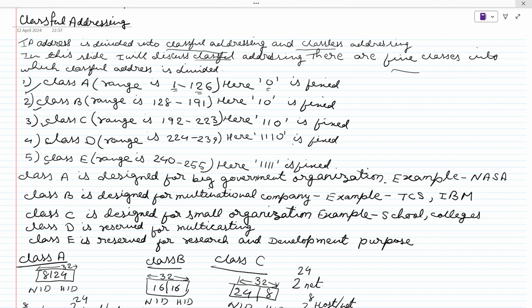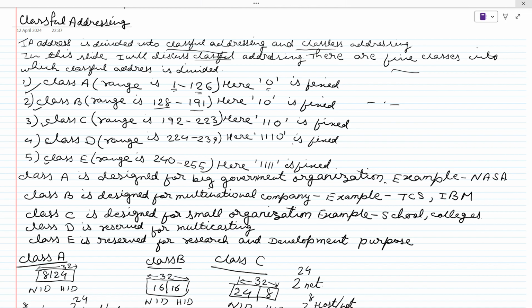And the second is class B, whose range is 128 to 191. If the first octet of the IP address is between 128 to 191, we call this a class B IP address.